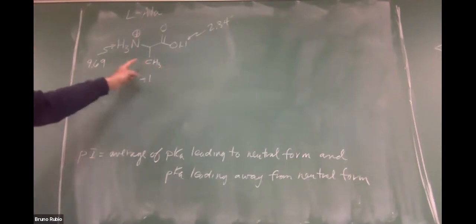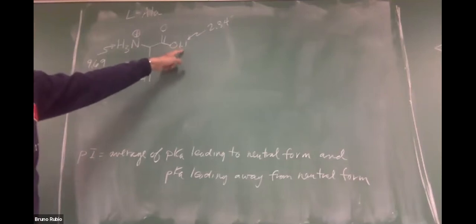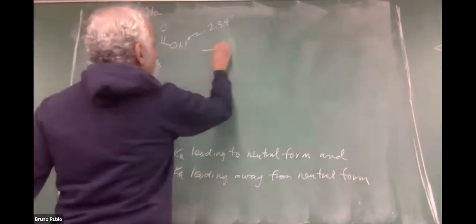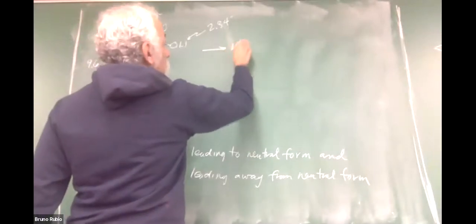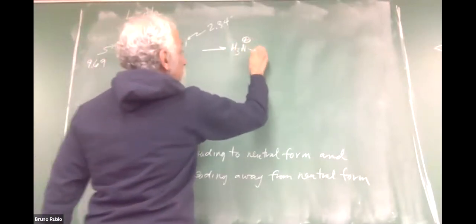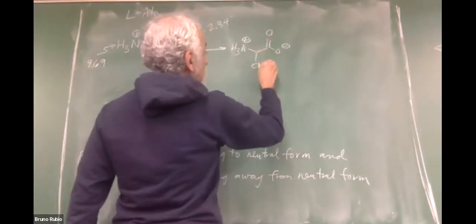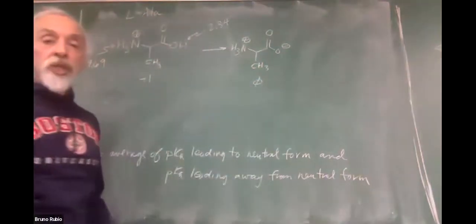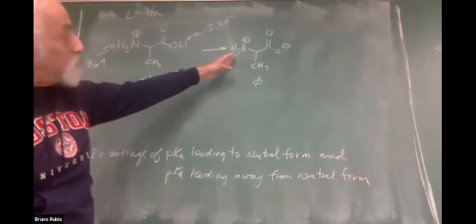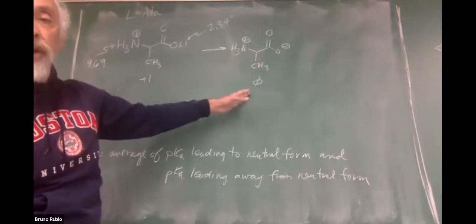So that's what I'm getting from that table. This is the +1 form, and this is what we would have at low pH. Now as we raise the pH, the most acidic proton, this guy, falls off. And so the dominant form of alanine becomes this guy. That's the neutral form, because we have positive canceling negative, overall 0.